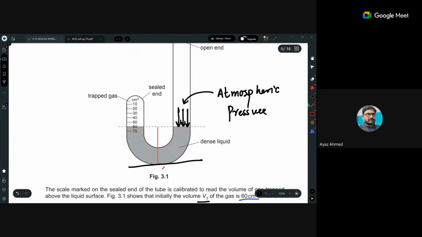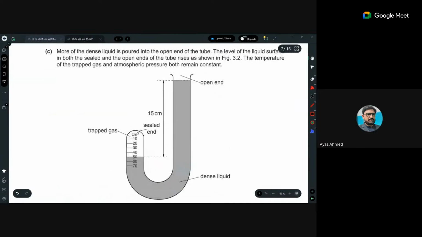If it would be something like this, check it: now there is a liquid pressure of this much. This is actually the liquid column, and at this point the pressure of the liquid plus atmospheric pressure both are there. This is the total pressure. Are you getting my point?